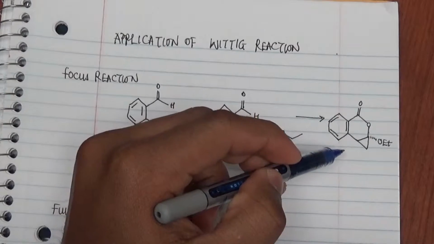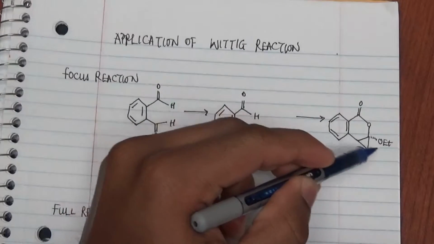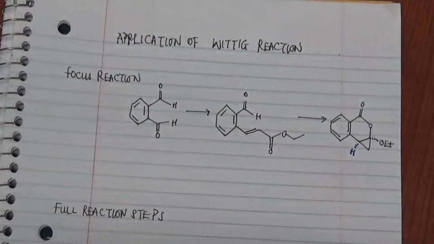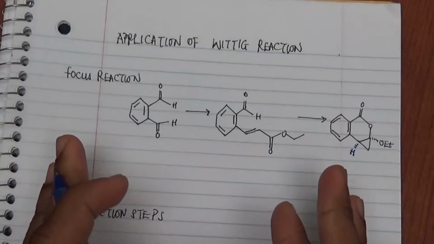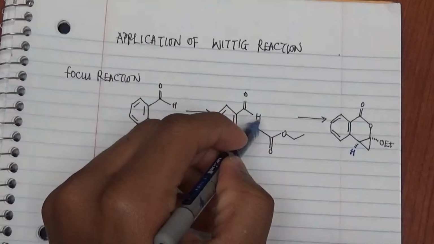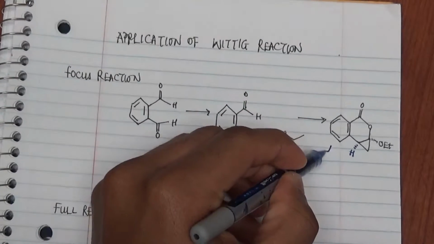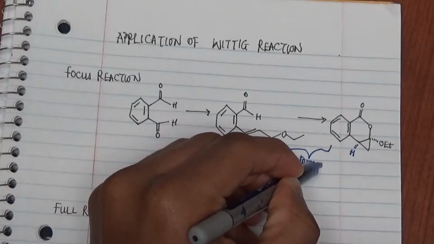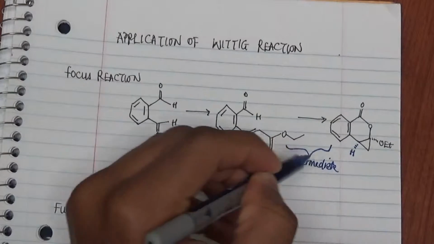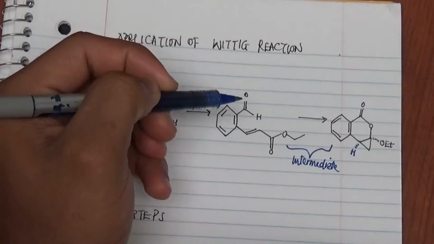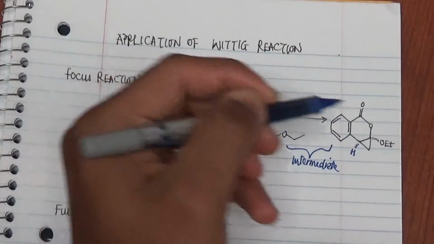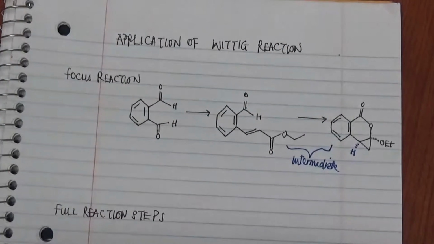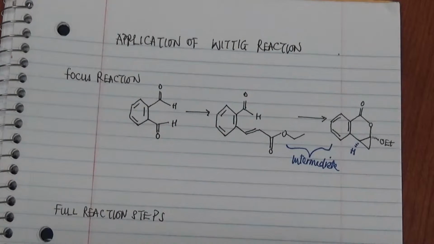Notice that we have some interesting symmetry here, where the hydrogen is positioned away from you, but in between this and this there's quite an interesting intermediate, and this intermediate has to be influenced by light in order to get to this final product overall.